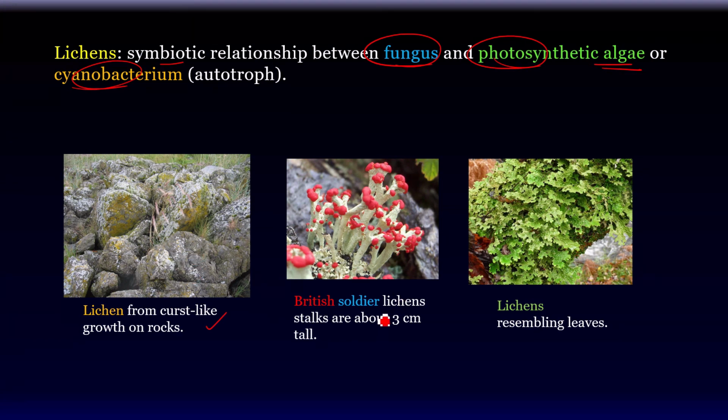There is a great variety of lichens, including this one, which is called the British soldier, because of the red coats. The stalks can get about 3 centimeters high. These are still combined living creatures, fungus and photosynthetic algae. And finally, this lichen actually resembles leaves, and you'd mistake it for some kind of plant.